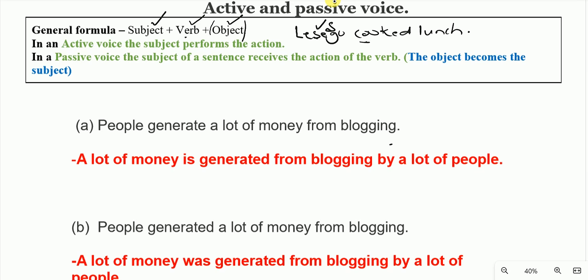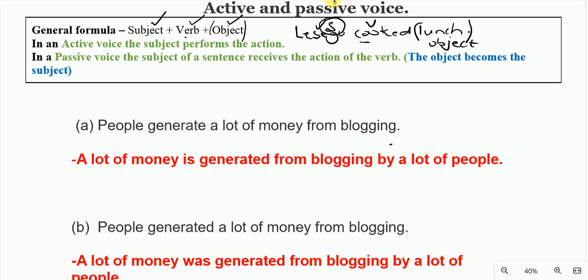The action that she performed was to cook. There's the verb, and she cooked lunch, so lunch becomes the object. This is a first rule that you need to know before you can learn how to change sentences from active to passive voice. This sentence is in an active voice because the subject is performing the action.